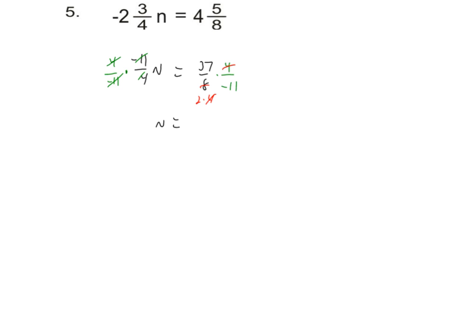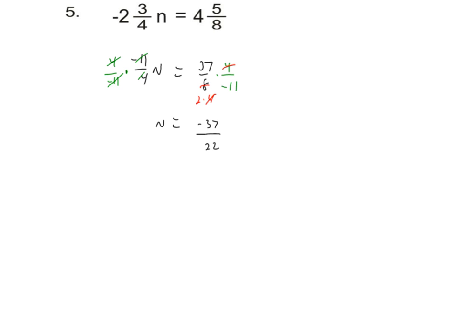Again, our negative is going to go in the top. So I have negative 37 over 22. Am I finished? No. So our final answer has to be a mixed number because there were two mixed numbers to begin with.